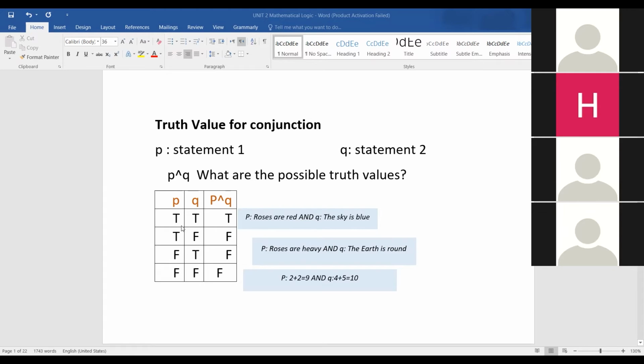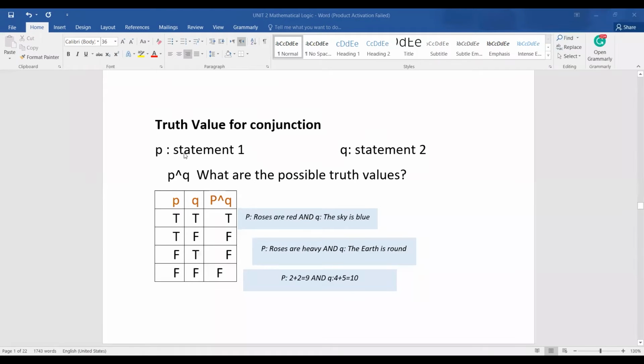The truth value for conjunction. We have two statements, P statement 1 and Q statement 2. We need to find the possible truth values for P and Q. We will write all the possible true and false values.